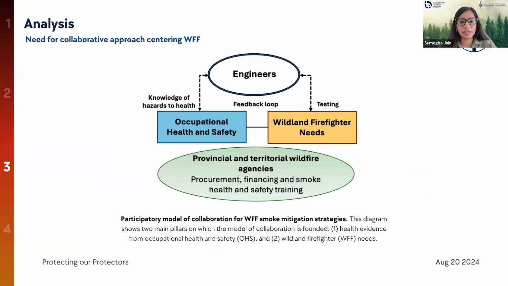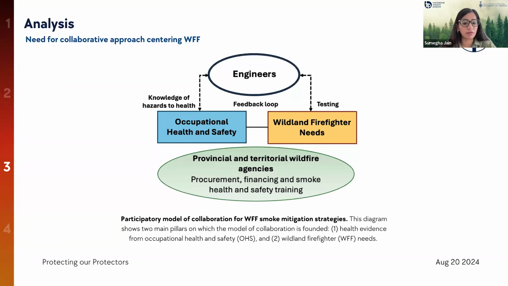There is also a critical need for a collaborative approach centered on the wildland firefighters to effectively develop smoke mitigation strategies. This participatory model of collaboration is built on two foundational pillars: health evidence from occupational health and safety, and specific needs of wildland firefighters. Our survey revealed that despite high levels of health concern, only 6% of wildland firefighters reported daily use of respiratory protection.